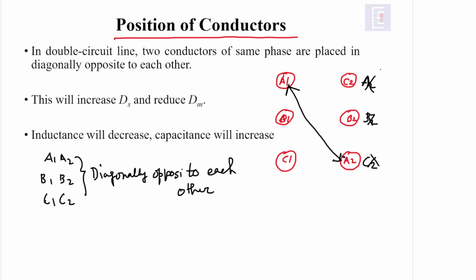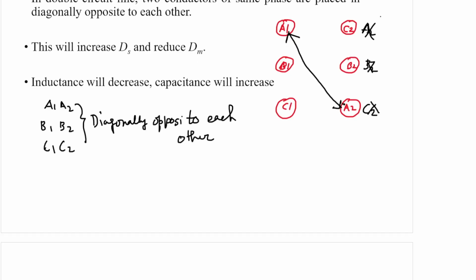You see the formula: L is equal to 10 to the power minus 7 ln dm by ds.